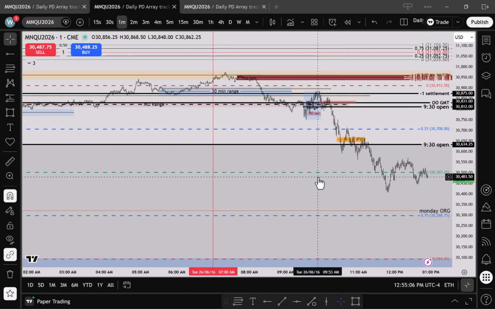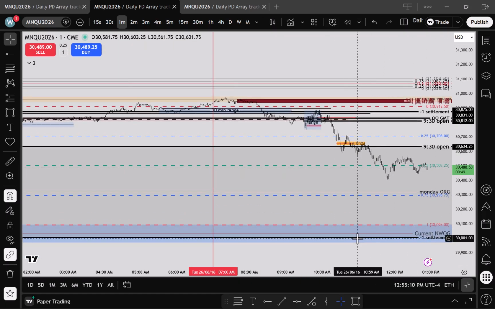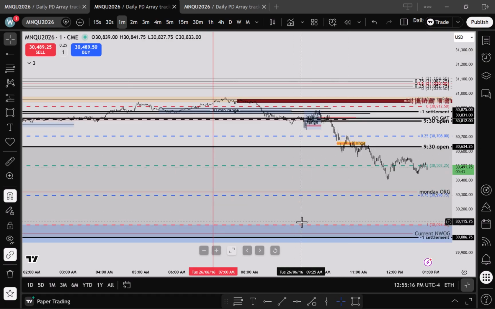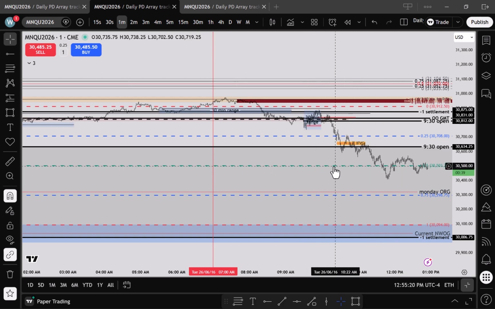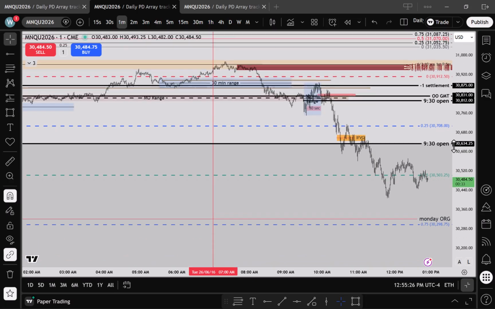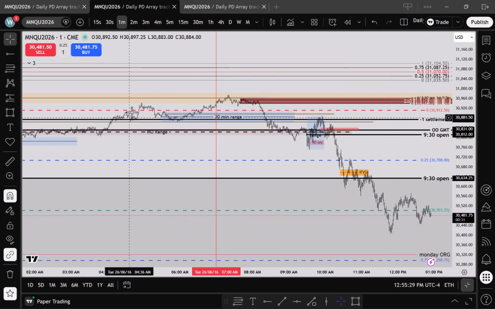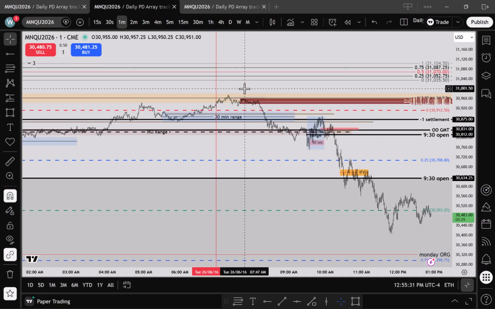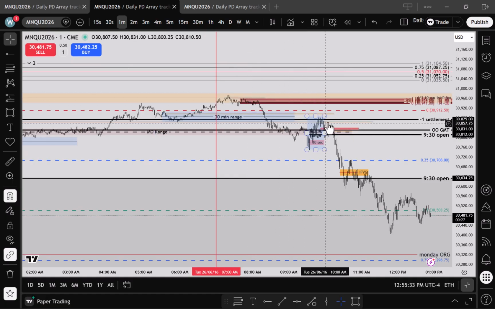You can see from here to here is the opening range gap. These quadrants are not the quadrants of the actual opening range gap. This is the 50% of yesterday's daily range. Remember, we had pierced the high of it. Back up in here, we took out yesterday's high and then came back down into it.